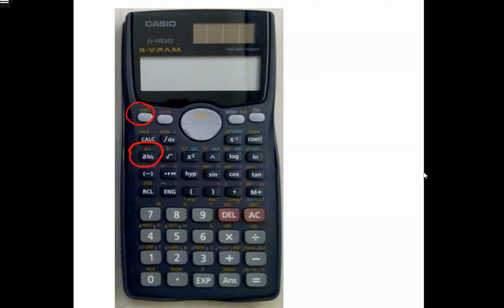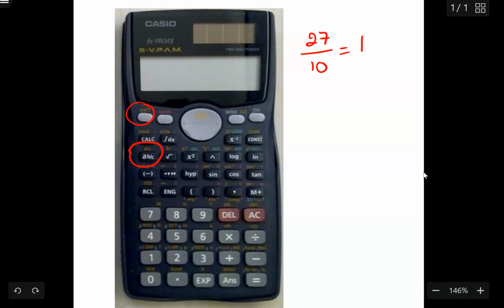What we want to achieve is to convert between 27 over 17 and 1 with 10 as the numerator and 17 as the denominator. So we want to convert between these two to make sure that we know how to work with our calculators.